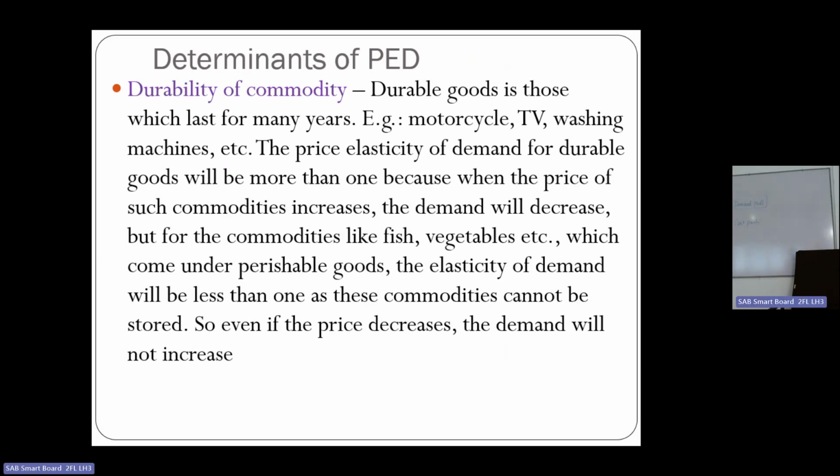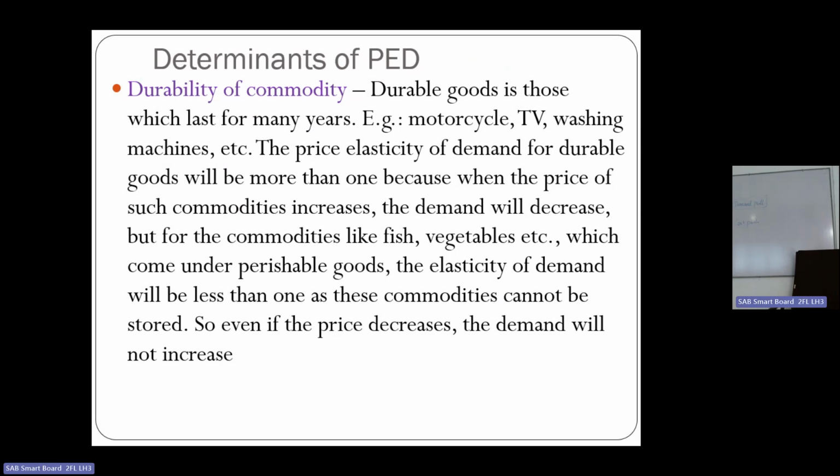And the durability. Durable products. What are the durable products? You purchase them now and you use them for a longer period. So those are the durable products, like motorbikes, machines, refrigerators, TVs. So what happens to the price elasticity of demand for durable goods?